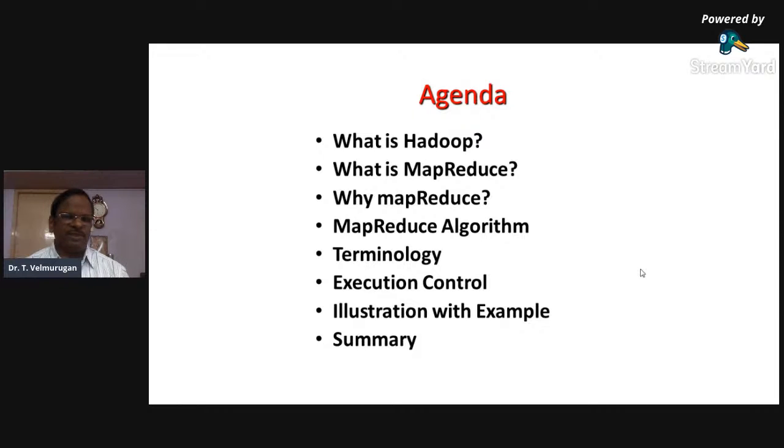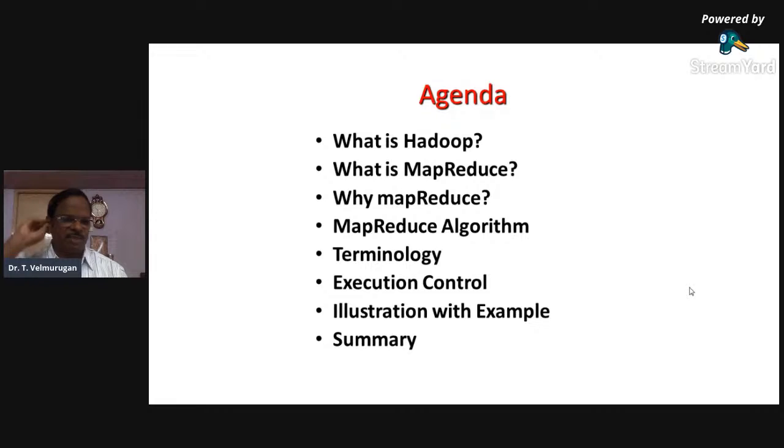What is the agenda of this webinar? First, we have to discuss the definition of Hadoop and the definition of MapReduce. Then what is the requirement of MapReduce? Why do we require MapReduce? What are the algorithms available for the MapReduce method?